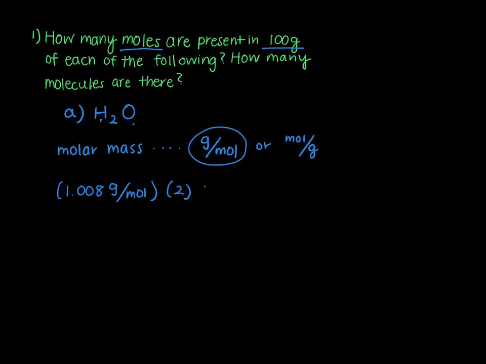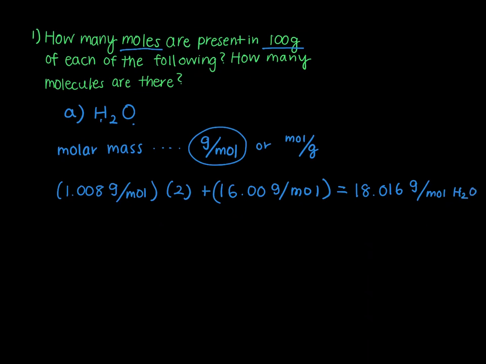And then we add that with the mass of oxygen, which is 16 grams per mole. And then we can add these two together and we get 18.016 grams per mole of water.